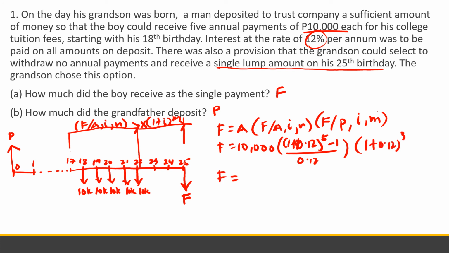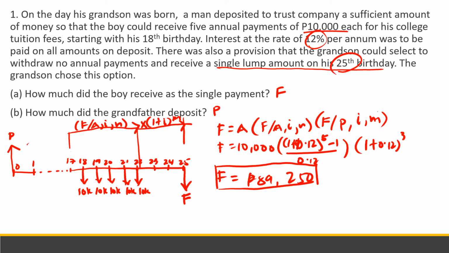So the amount the grandson will receive on his 25th birthday will be 89,250 pesos. So this is what he will receive after 25 years of P.